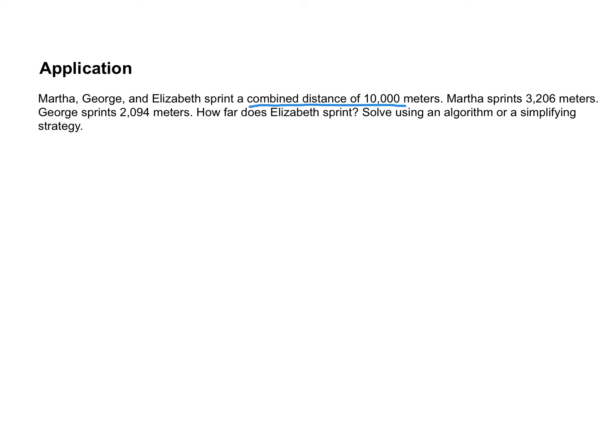So we need to look at this and say, well, how far did Martha go? Martha went 3,206 meters, right? So here's Martha. George sprinted 2,094 meters. And then we have to figure out, well, so what did Elizabeth do? We could do this with the tape diagram.